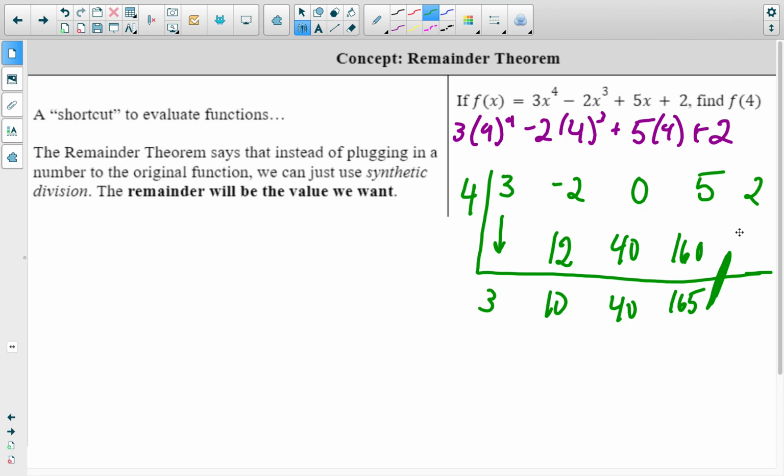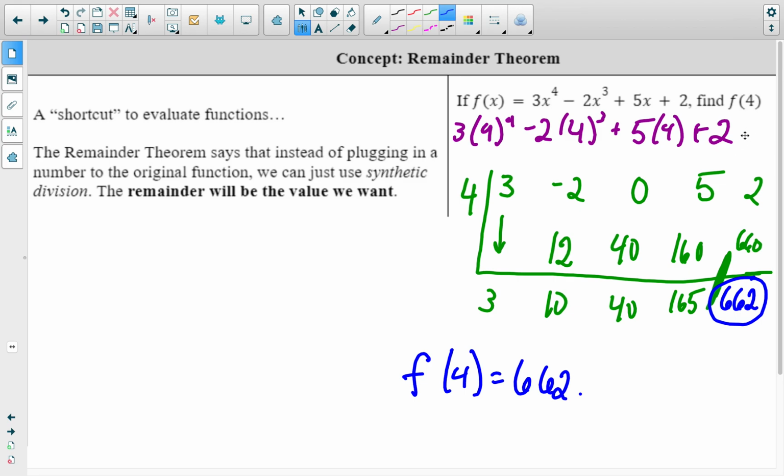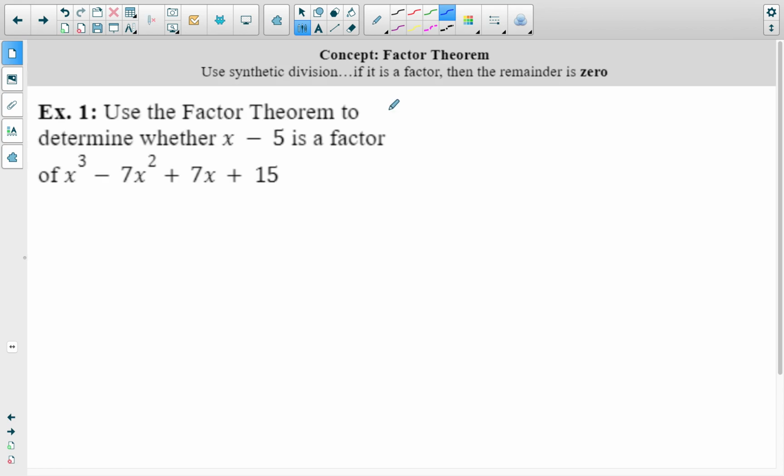Multiply outside, this is a big number, we get 660, meaning that we get 662 here for our remainder. So f of 4 is equal to 662. Okay, so if you plugged in this whole thing, you would get 662. So it's just an alternative way to evaluate polynomials.